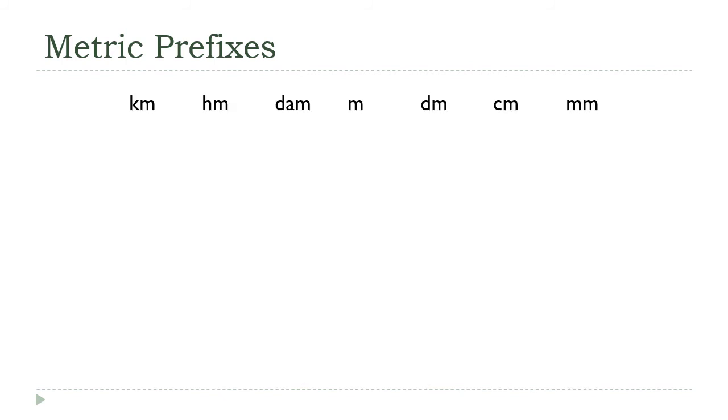All right, so let's look at some examples. How many meters are there in 2.4 kilometers? I know that I'm trying to go from 2.4 kilometers to meters. So what I've got here, I've got all of the prefixes written out. Now remember, going up or down is just multiplying or dividing by 10.